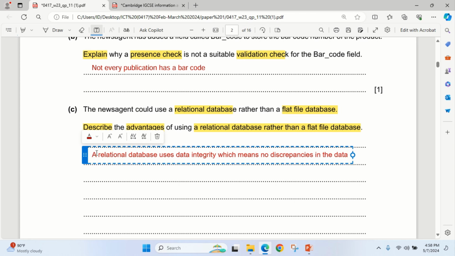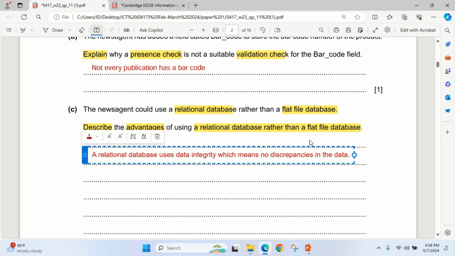In a relational database, you have 2 or more tables joined together. For one table there must be a primary key, and in another table a foreign key that will join them together, and that enforces data integrity. So as you delete in one of the tables, it takes effect across all the joined tables. That is what it means. So that is one advantage of using a relational database rather than a flat file database.